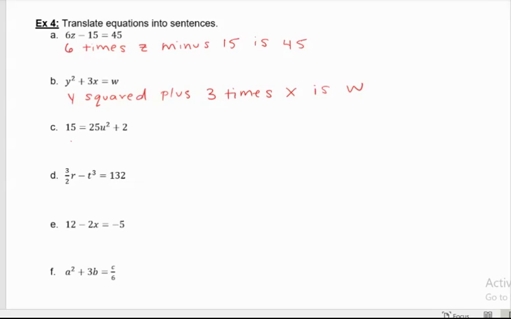Letter c, I have 15 is 25 times u squared plus 2.